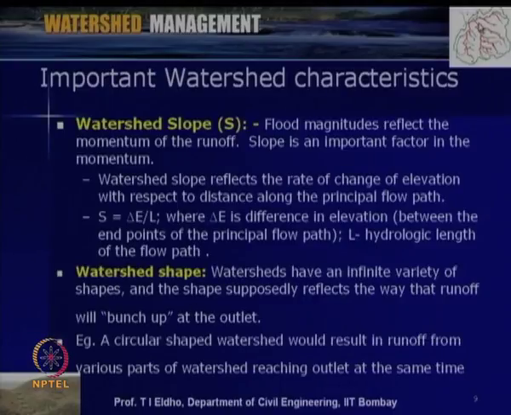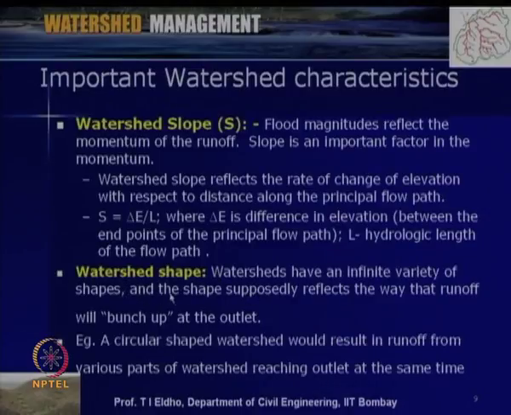If this is our main channel, here is the height here and the outlet height, and then we can identify the difference in elevation between these two points, and then the hydrologic length. So, watershed slope will be delta E by L.